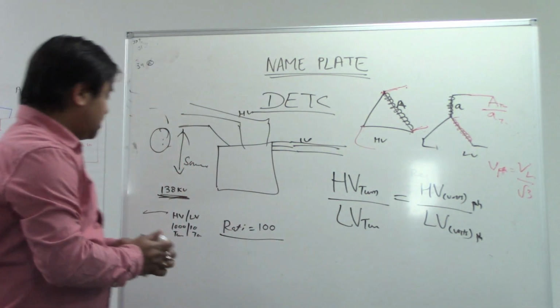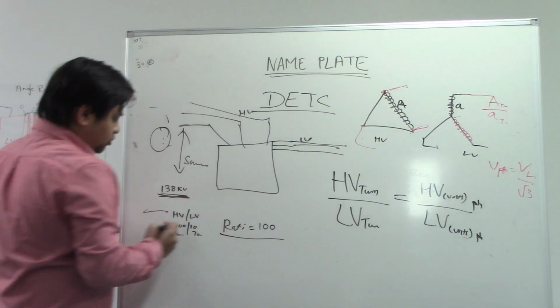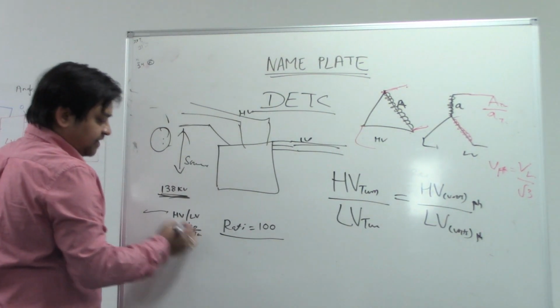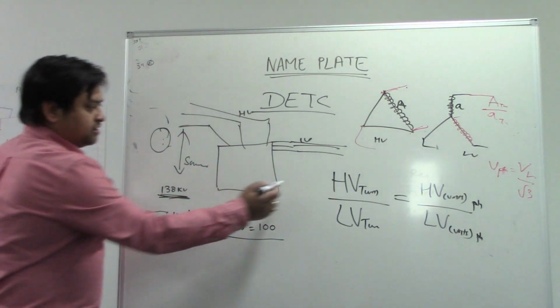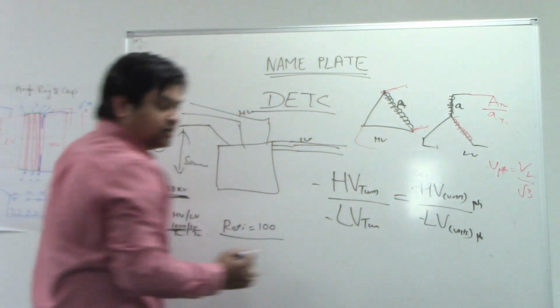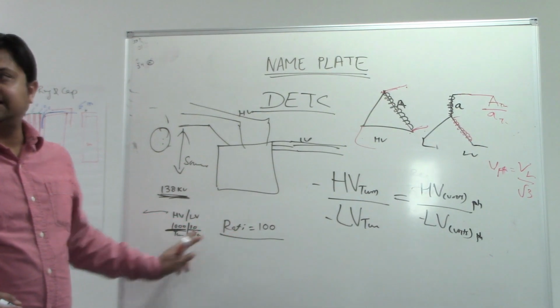Okay. So this ratio, what it says is that whenever you have 1000 turns in the high voltage, your low voltage will have 10 turns, right? Or in other way, you can say that whatever is the voltage on the high voltage phase, the low voltage will be 100 times less than the high voltage.